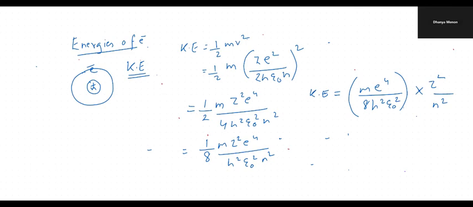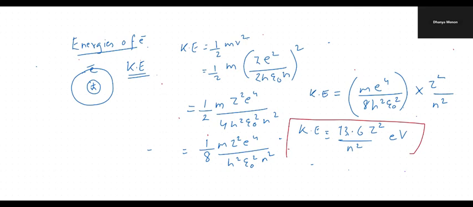So the kinetic energy comes to 13.6 z square by n square electron volt. So this is the formula for the kinetic energy. You just have to substitute the atomic number and the shell number, and you will get the kinetic energy.